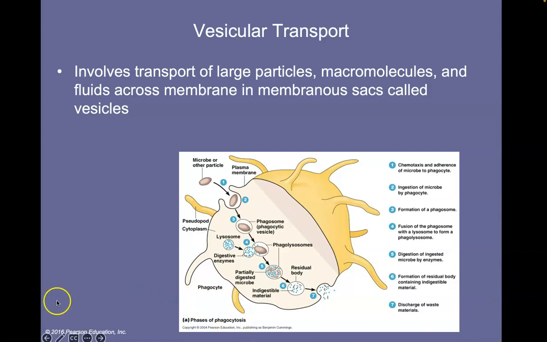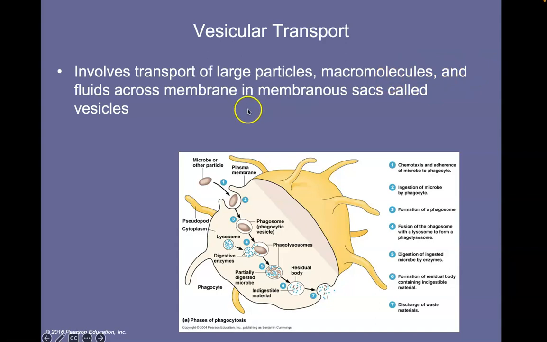Okay, so let's go ahead and talk about vesicular transport. This involves the transport of large particles, and usually lots of them, okay? So it's either a really large particle or you need to transport a lot of a certain particle, okay?